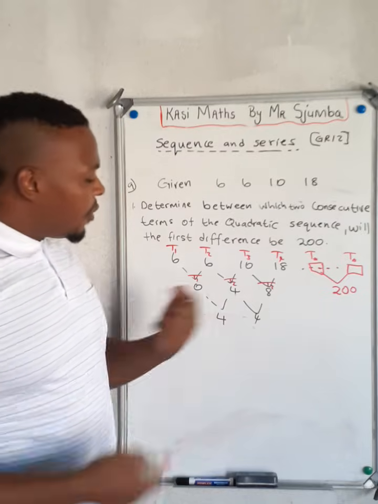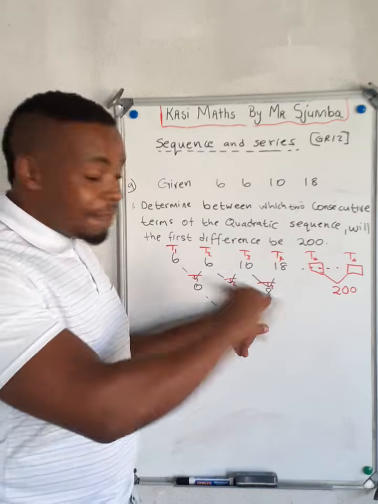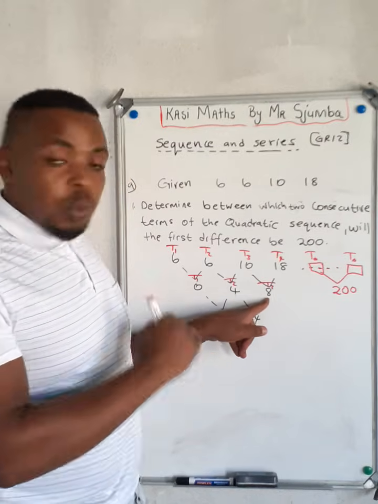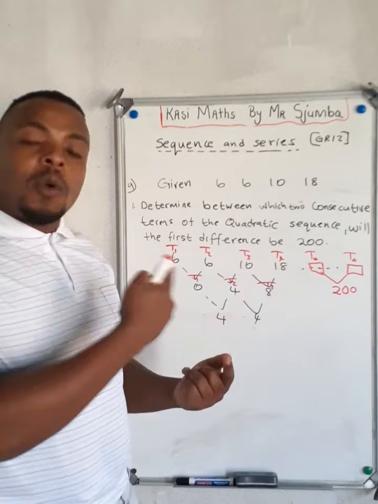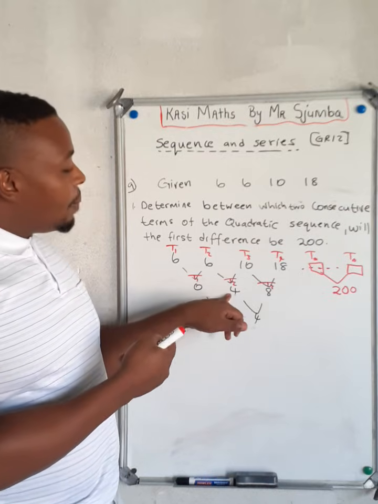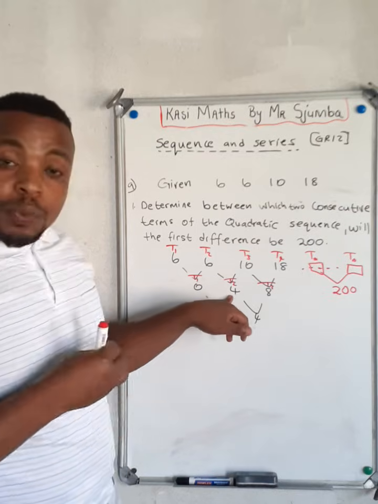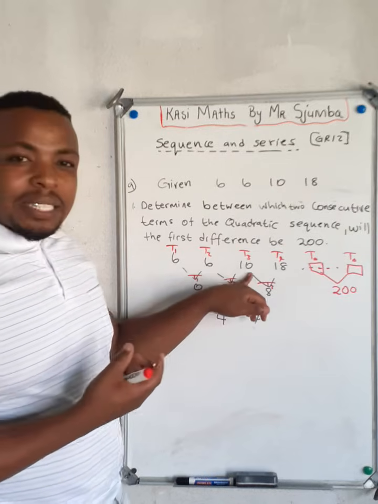If it's term 3 of the first difference, it is between term 3 and term 4 of the quadratic, right? Term 2 of the first difference, which is the linear, is between term 2 and term 3 of the quadratic.